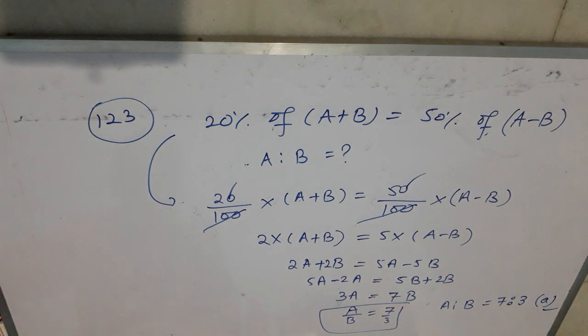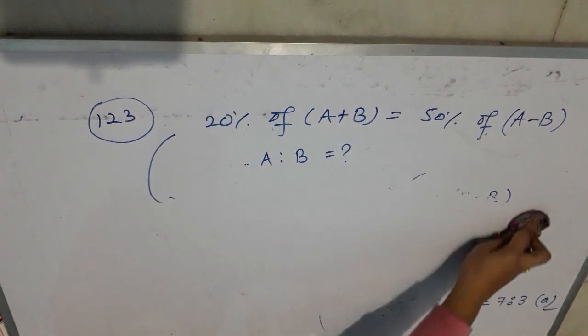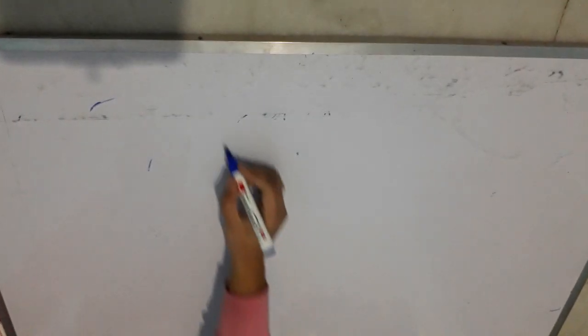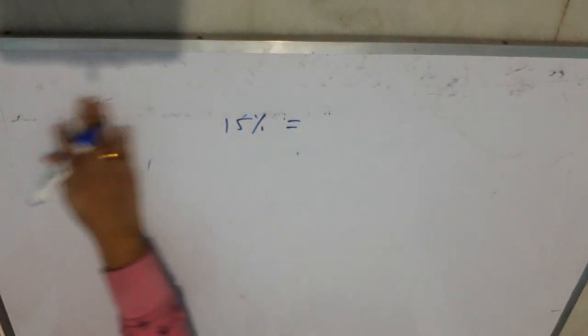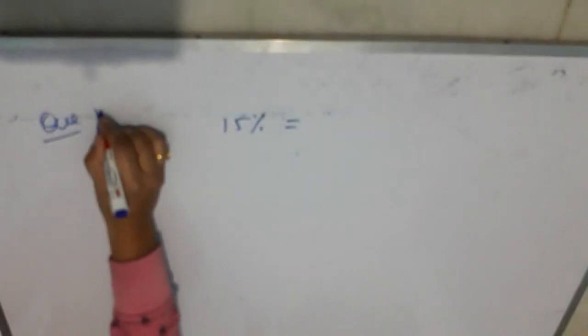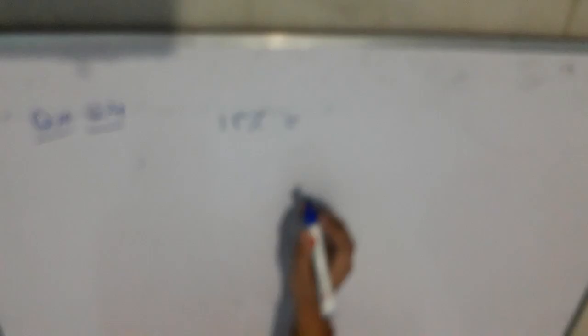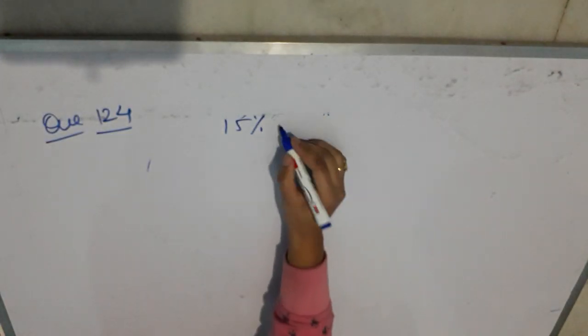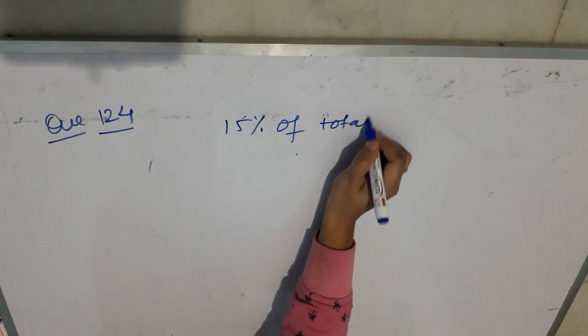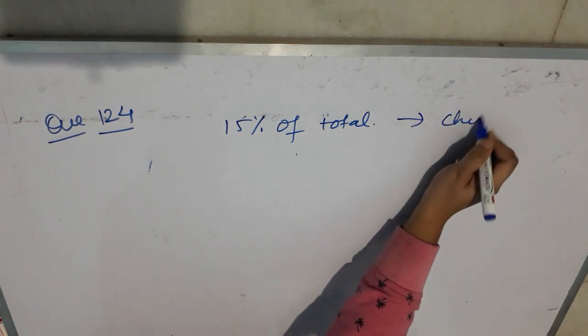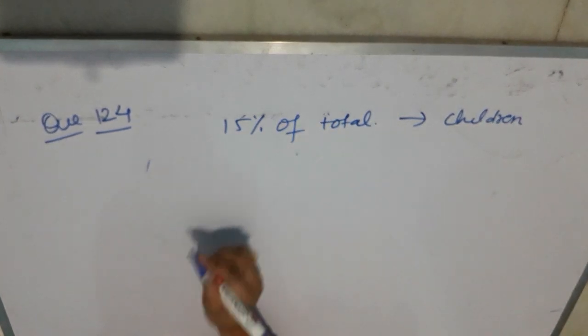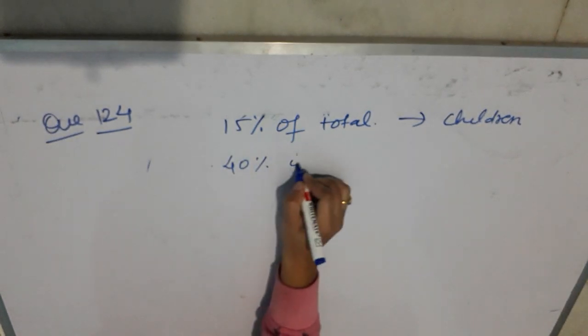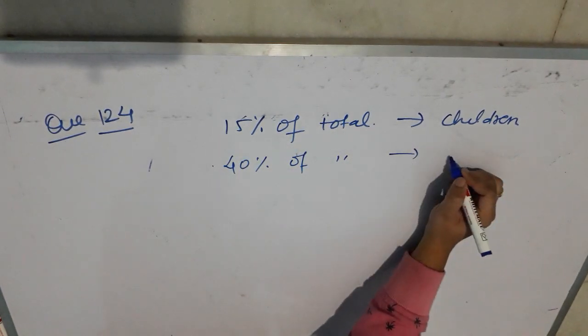Now move on to the next question, question number 124. In question number 124, he says that in a village, 15% of the total population are children and 40% of the total population of the village are women.